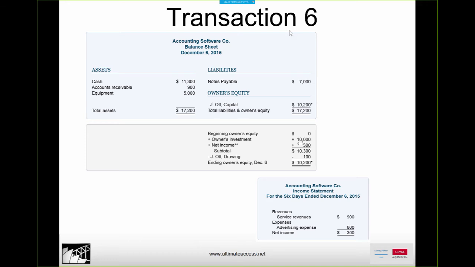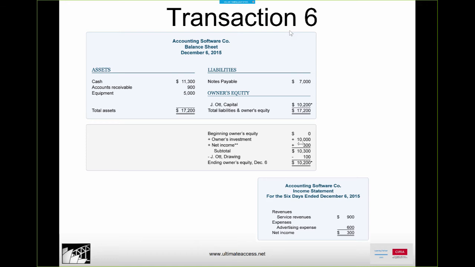Anything that touches your profit and loss statement is going to impact the owner's equity, right? So that is something that you need to remember, okay? Anything that touches the profit and loss account will impact the owner's equity.